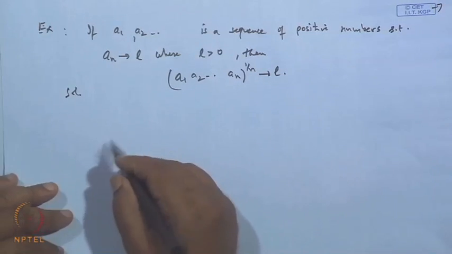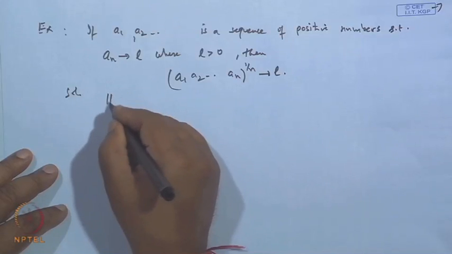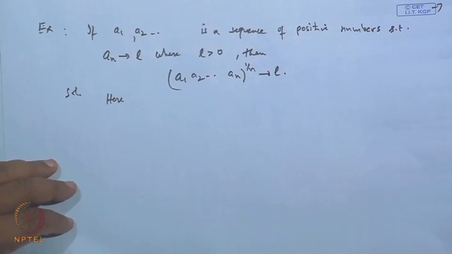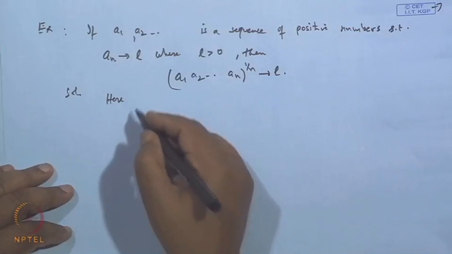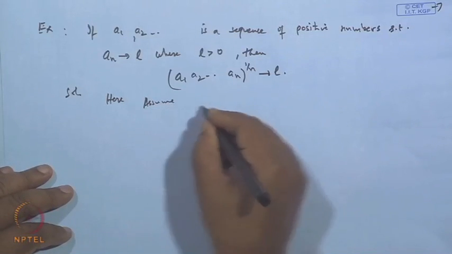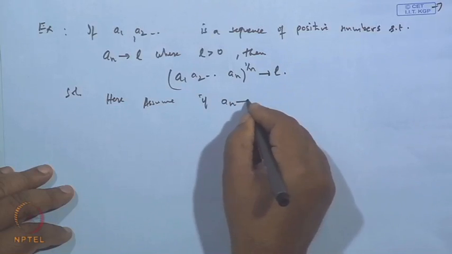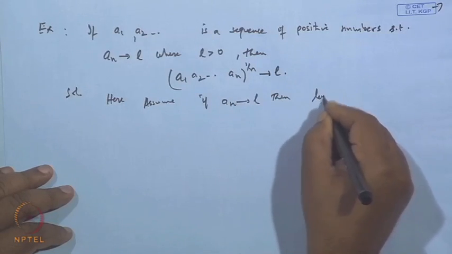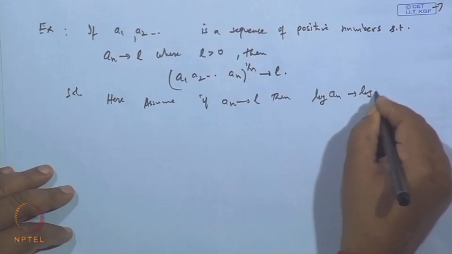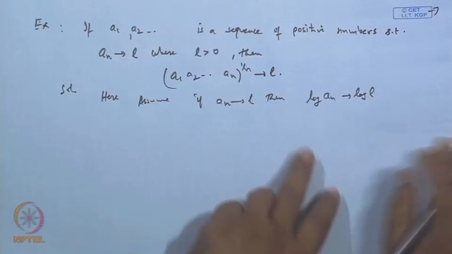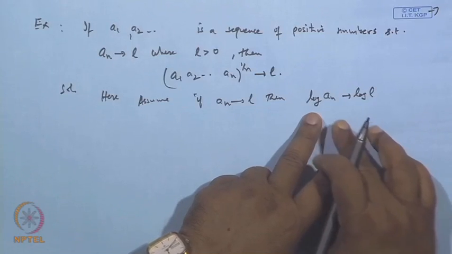The solution is based on the previous Cauchy theorem, the first theorem on limits, that if a_n goes to L, then the mean value (a1 plus a2 plus ... plus an) by n will also go to L. Here we assume that if a_n converges to L, then log of a_n will go to log L. In fact, we will show that log is a continuous function when the argument is positive.